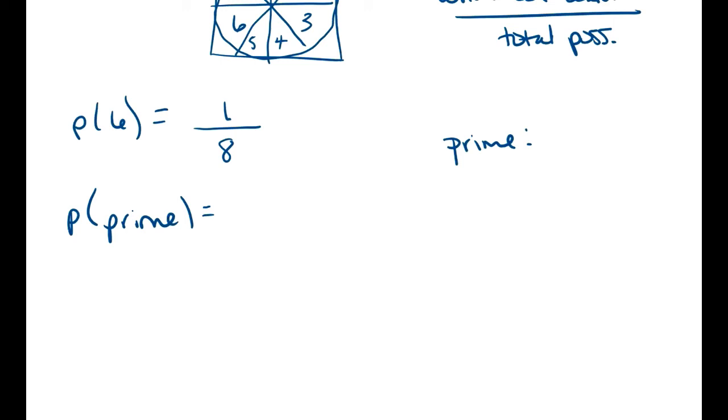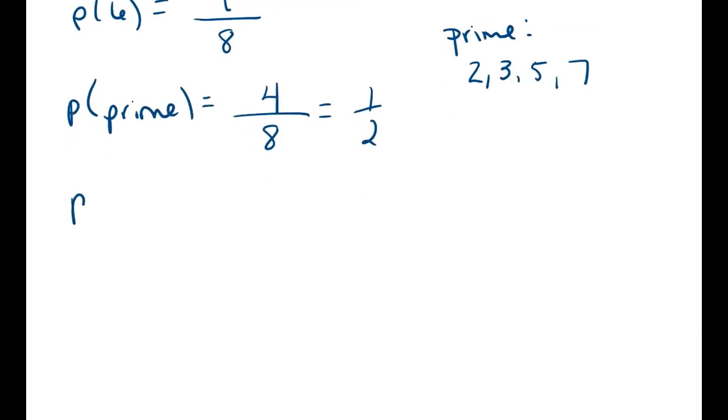So just to review for the spinner that we have, the prime numbers are going to be 2, 3, 5, and 7. Remember that a prime number is any number that is only divisible by itself and 1. So the number of primes that we have on our spinner is 4, and we still only have 8 pie pieces here. And so my probability of spinning a prime number is going to be 1/2.